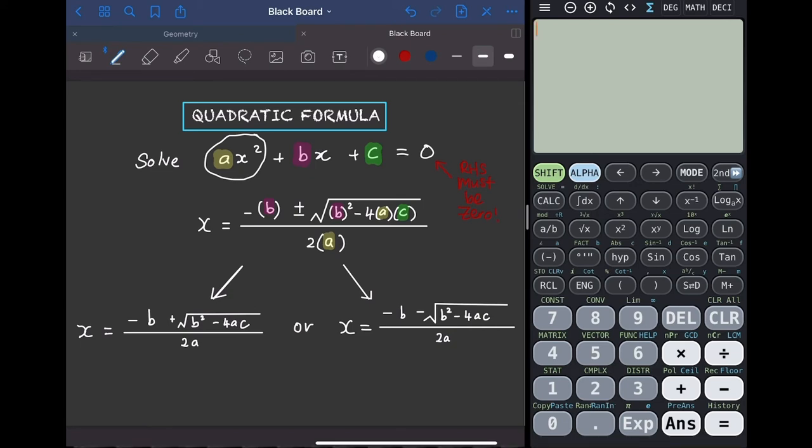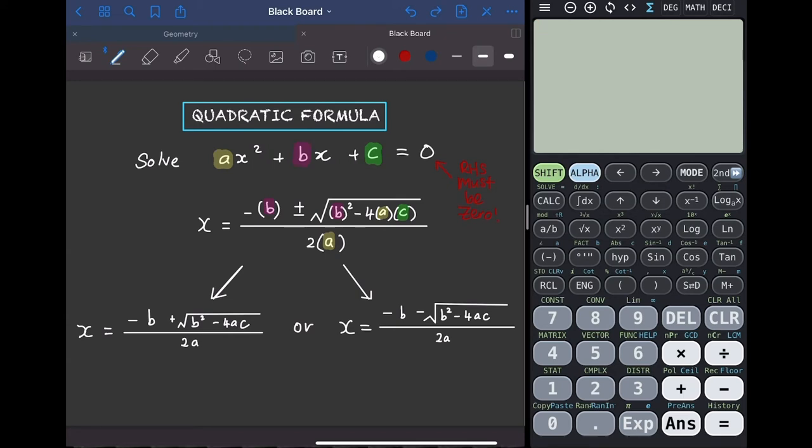The coefficient of the x term we will label as b, and the coefficient of the x power 0 term, which in simple layman's terms is called the constant term, we shall label it as c. These are just labeling conventions.